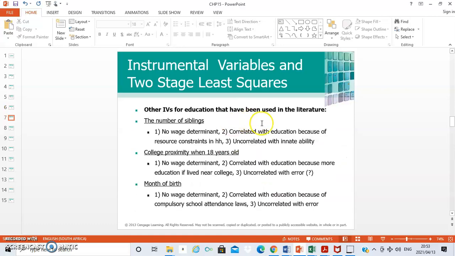Okay, so obviously this type of model is mostly used in economics of education, and they also have other determinants or instrumental variables, such as the number of siblings. And here these are just criteria that we are evaluating whether it fits, or college proximity when 18 years old, or month of birth.